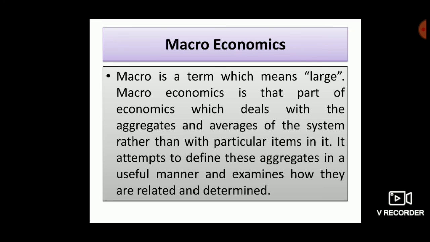Macroeconomics is aggregative economics, wherein the overall conditions of the economy such as total production, total consumption, total saving and total investment are studied. It is the study of overall economic phenomena as a whole rather than its individual parts.